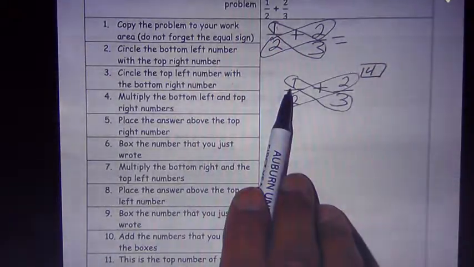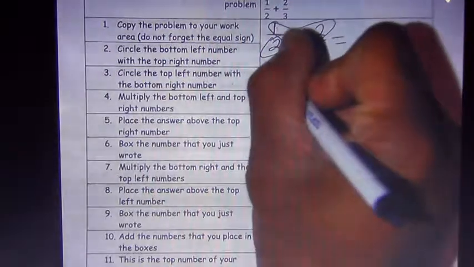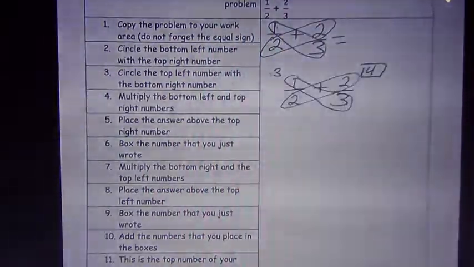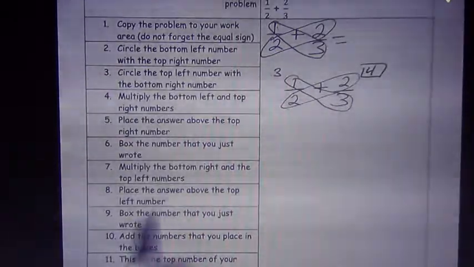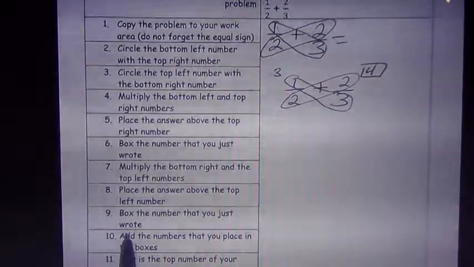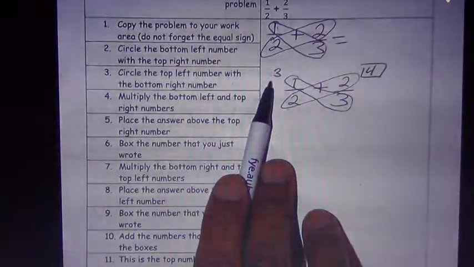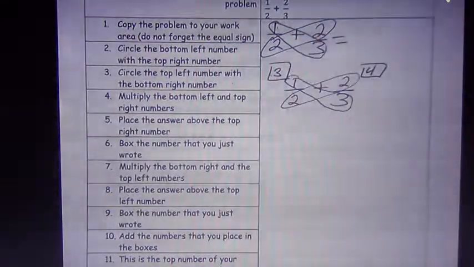This is the top left number. 3 times 1 is 3. Box the number that you just wrote. I just wrote the 3. I put a box around the 3.